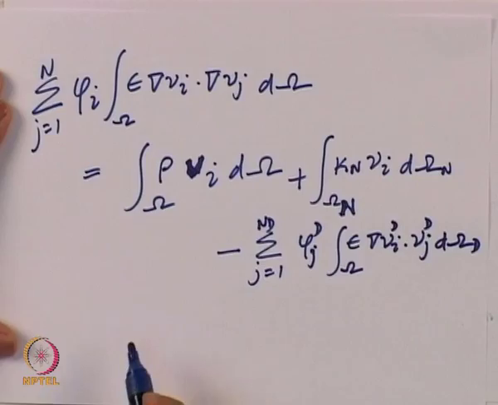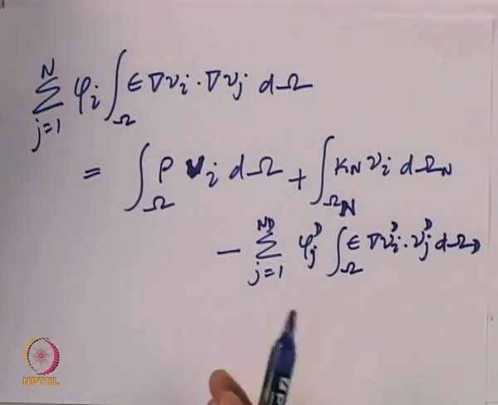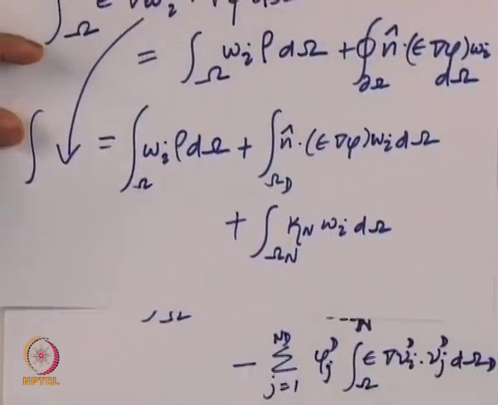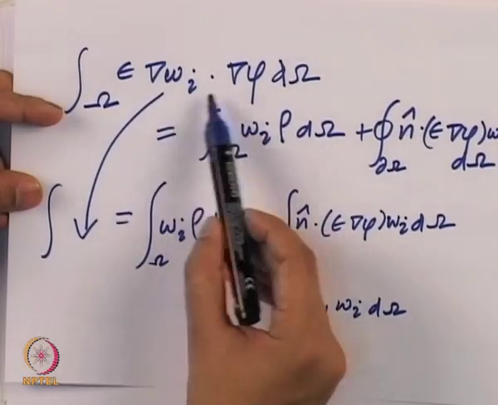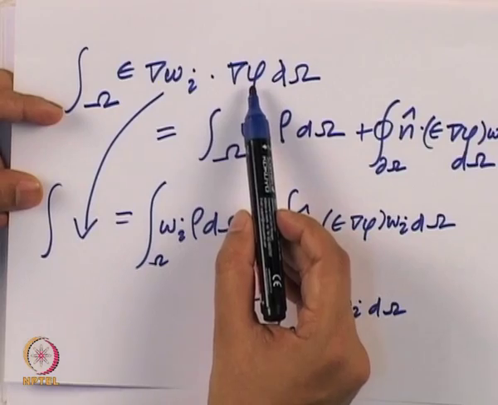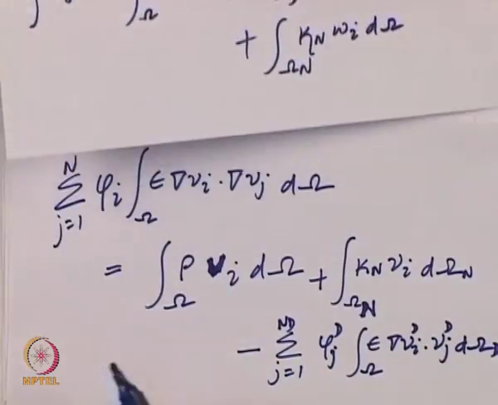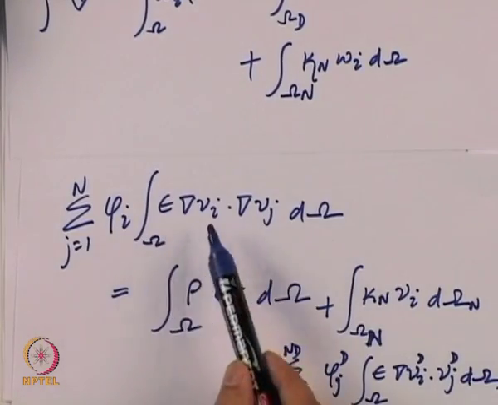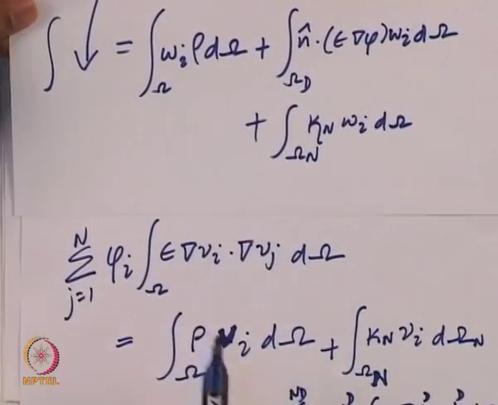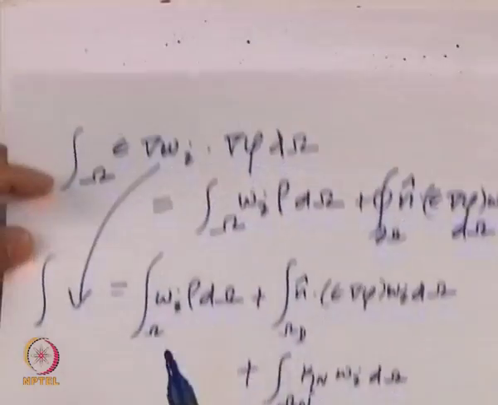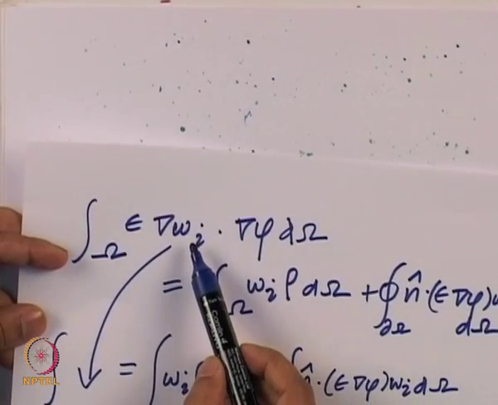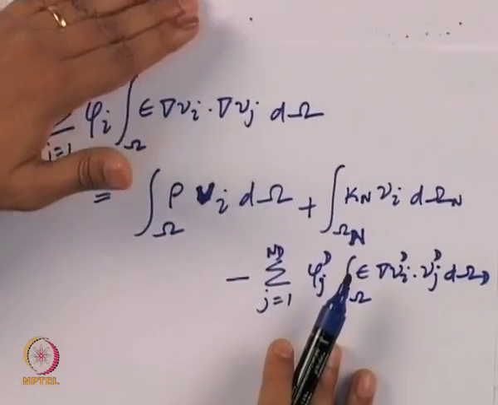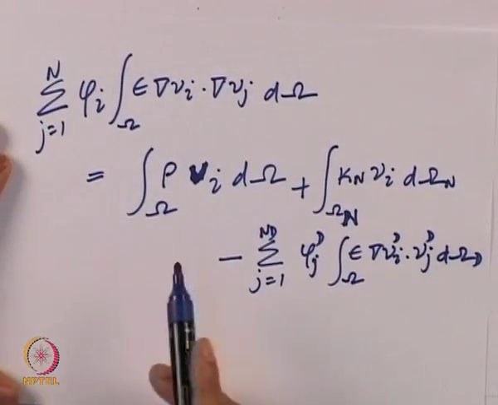So what we have done now is we have written the earlier equation, the equation which is here. It has certain functions. I have applied the weighting functions, and I have used v i instead of w i because I have used the Galerkin approach. By doing that, I have written the form in a much easier to manipulate form.